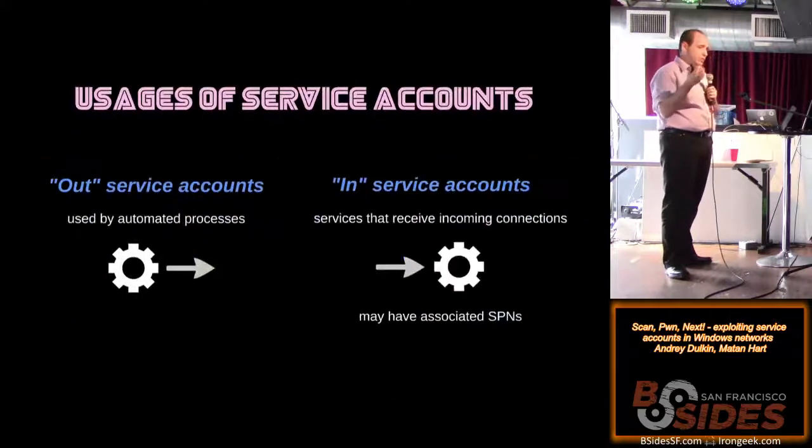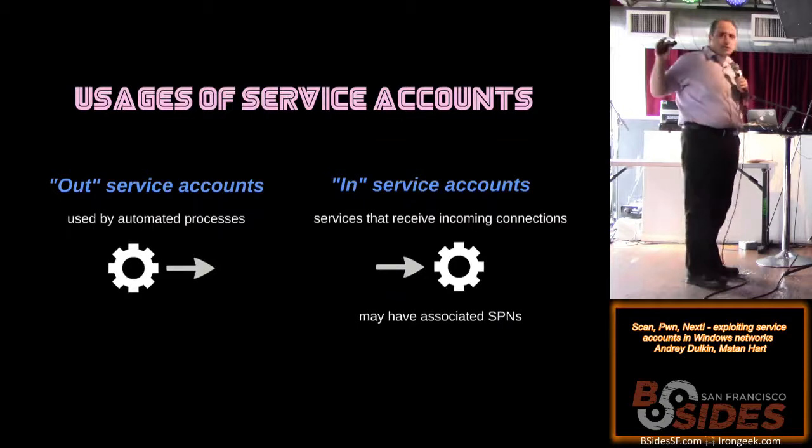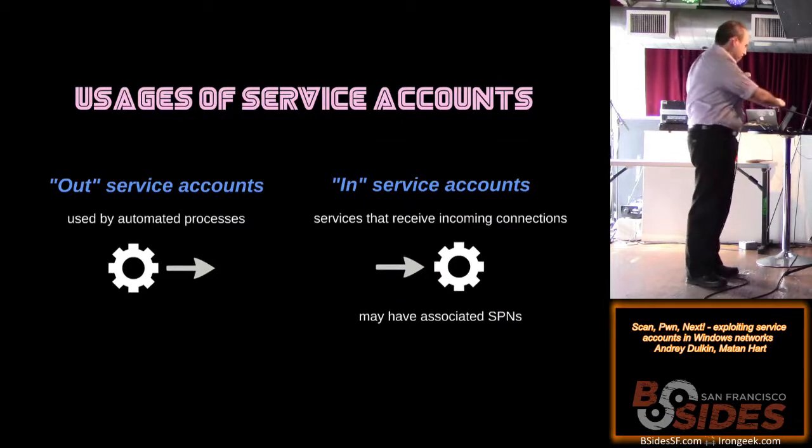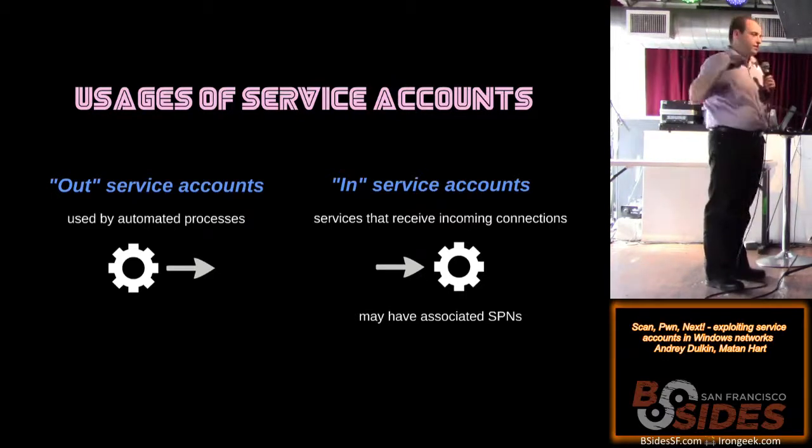And in general, when we discuss services, we discuss two types. Now, the terminology here is our own, but it makes it easy to distinguish between those services that are using accounts in order to go out into the network, in order to access other network resources, and services that are listening for incoming information, which we are going to call the in services.